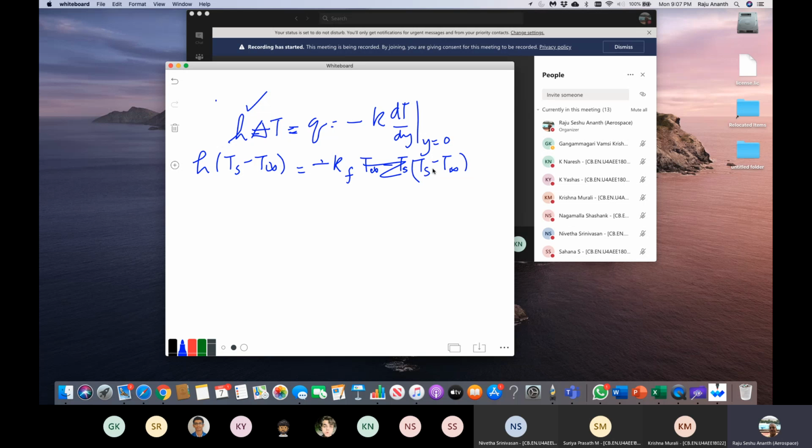Now why did I do that? Because remember, it has to come down. So dT dy is a negative slope, isn't it? The temperature was high, like this, so it's a negative slope. That is the reason this Ts minus T infinity comes in for non-dimensionalizing, and here T infinity minus Ts comes in.